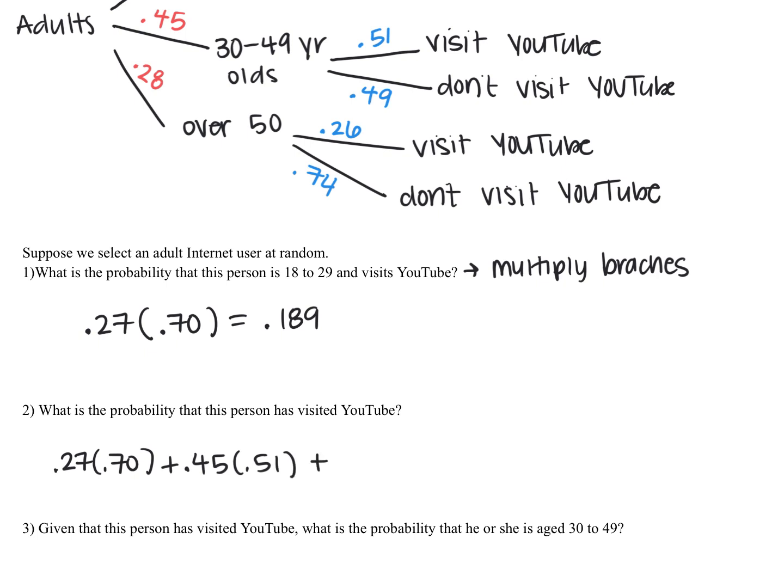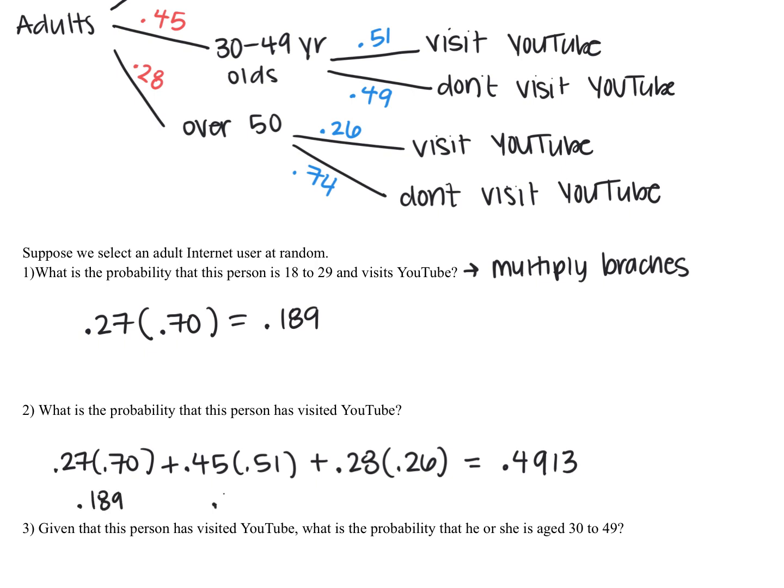Or it could be over 50, so 0.28 times 0.26. So I have to account for any age category since I didn't specify to begin with. You end up with 0.189 plus 0.2295 plus 0.0728, which gives us 0.4913.